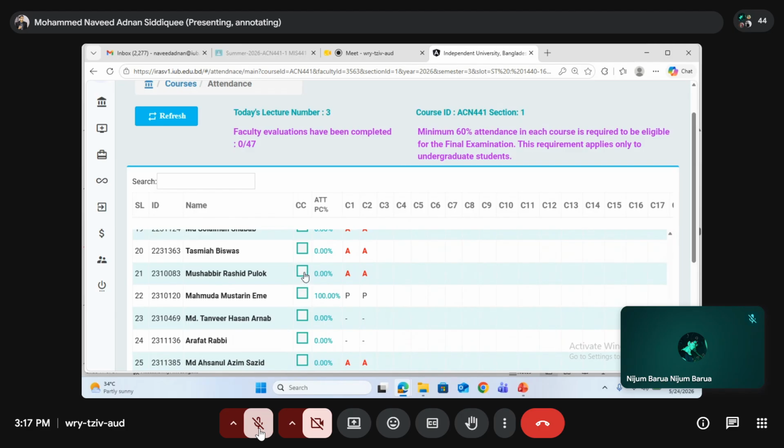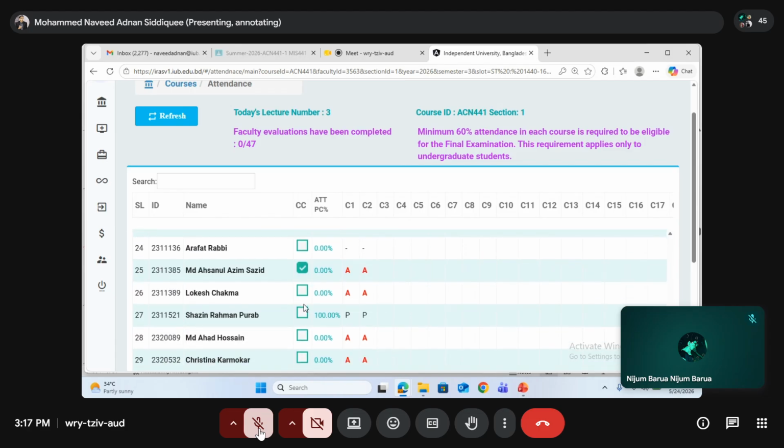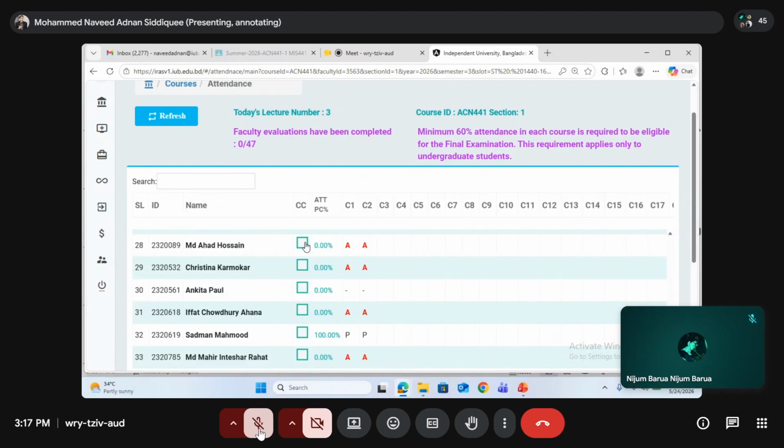Mushabbir, Present, sir. Tanvir, Present, sir. Lokesh, Present, sir. Shazim, Present, sir. Ahad, Present, sir.